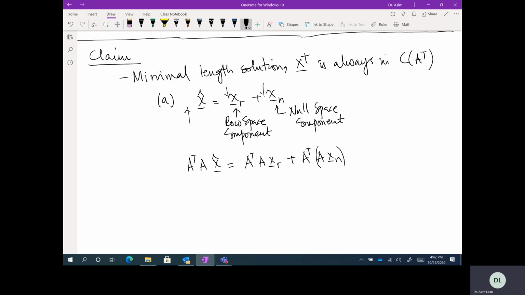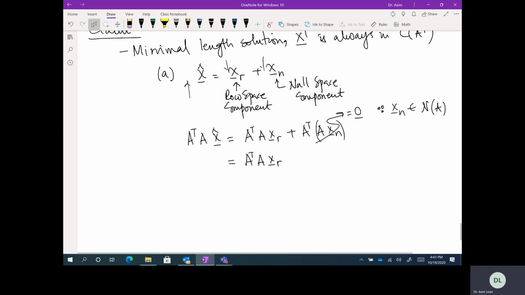I can always put a 0 here, because xn belongs to the null space of A. So this is simply equal to A transpose A xr.